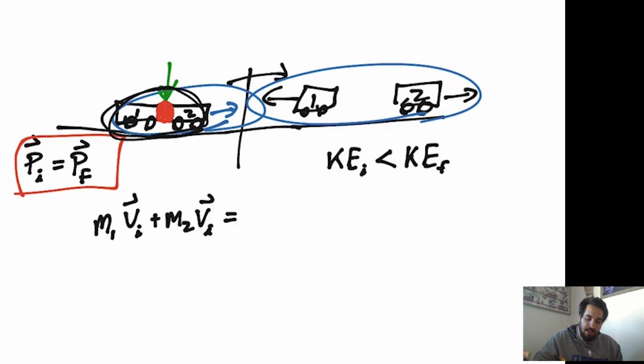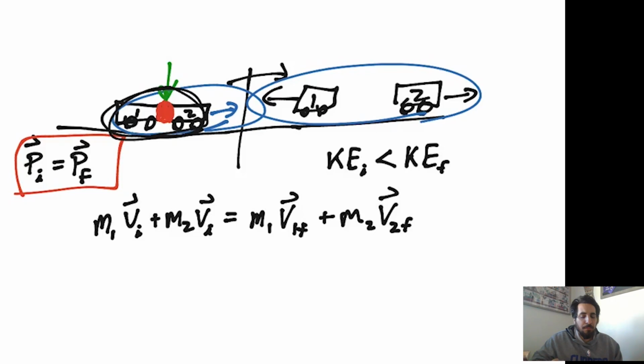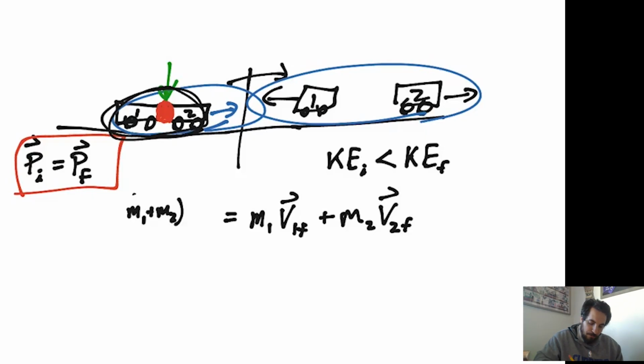And we can set that equal to our final momentum, which is going to be m1v1 final. And here we do have different final velocities. Plus m2v2 final. And we can combine the left-hand side here to be the summation m1 plus m2 times v initial. And that gives you your equation for your explosion.